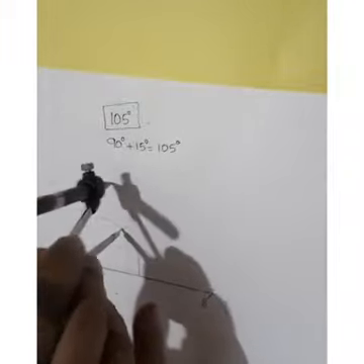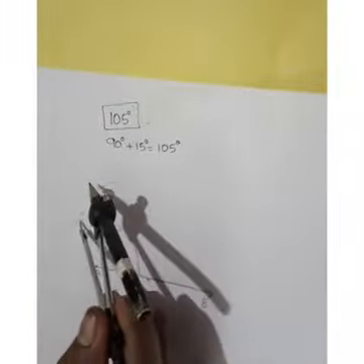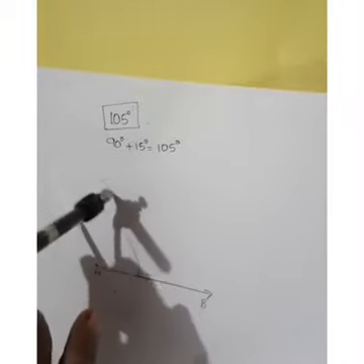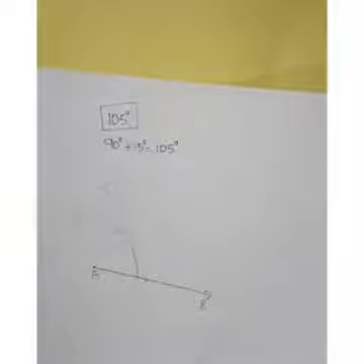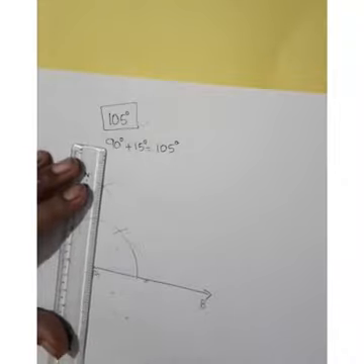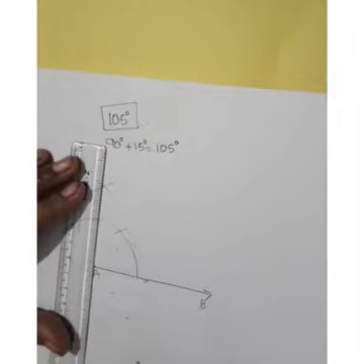This is 60. This is 120. Bisect. You have to draw both lines, 120 as well as 90 degree. Leave 60. Okay, 60 we don't need here.